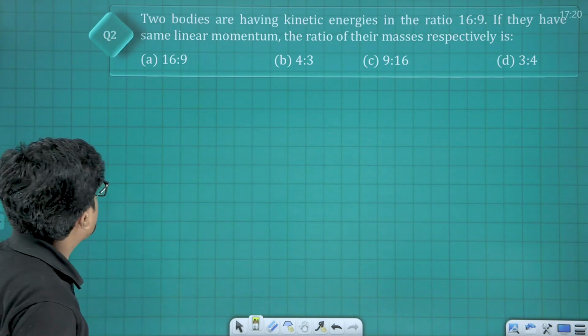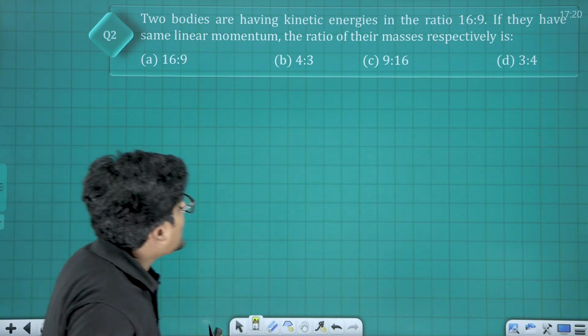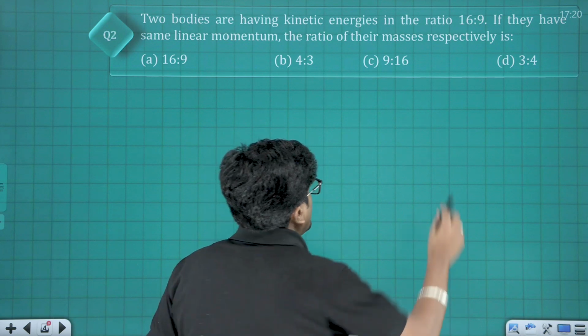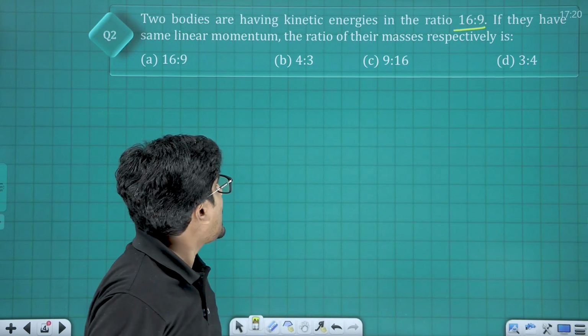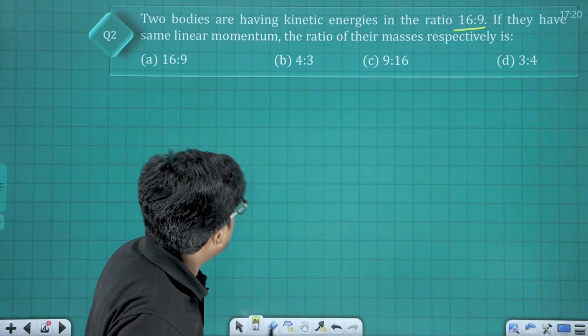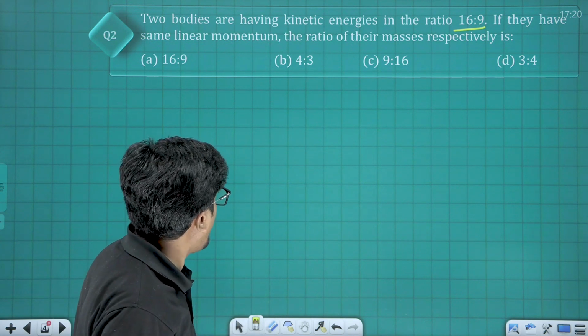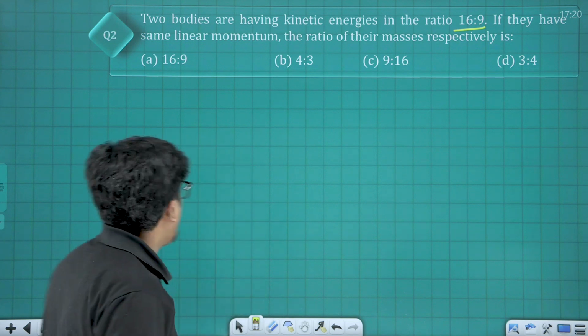Question number 2 says, two bodies having kinetic energies in the ratio 16:9. If they have the same linear momentum, then the ratio of their mass is.